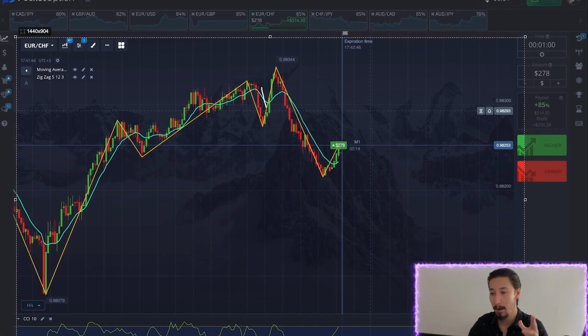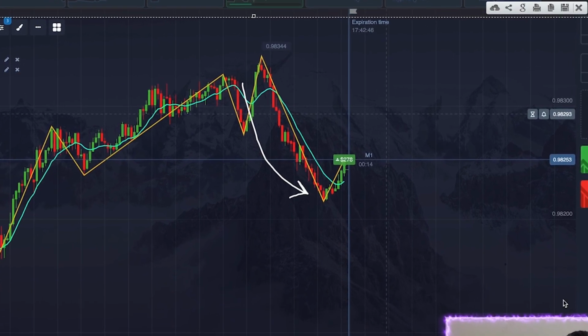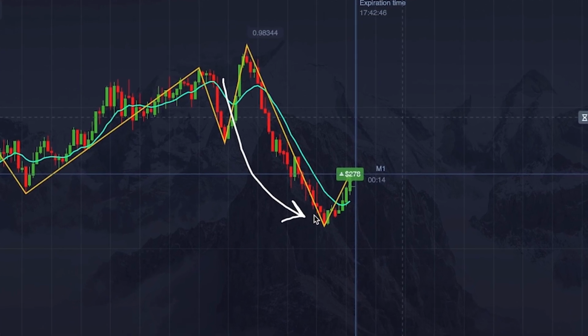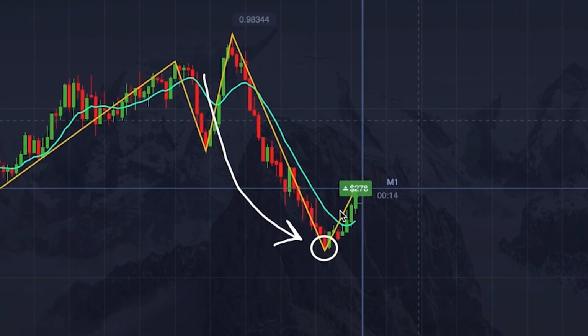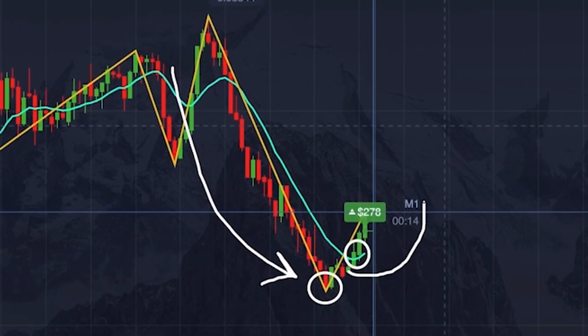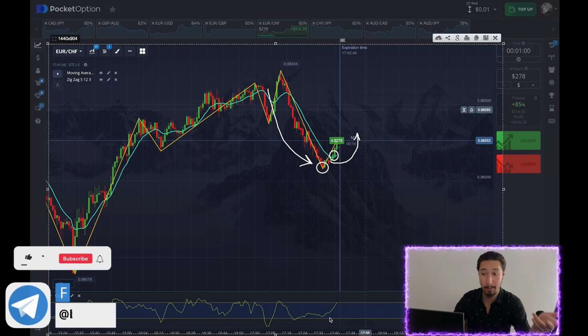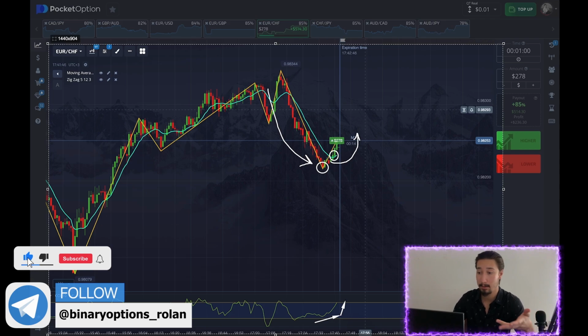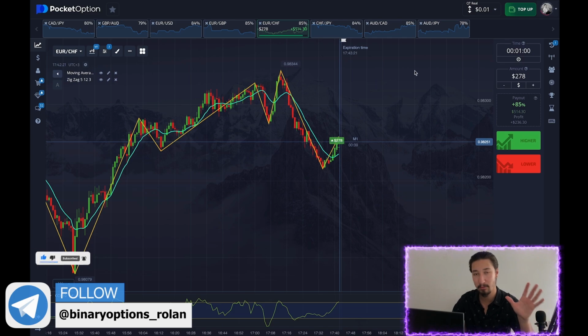A local minimum has formed along the zigzag, and in the further dynamics of the movement I had a crossover of the weighted moving average from bottom to top, and this is a signal to continue, in our case, the upward trend. In the next minute or two or three I think the dynamics of my movement should go up, and the moving line of the oscillator is also tending toward the overbought area. So let's look at the results of this transaction.